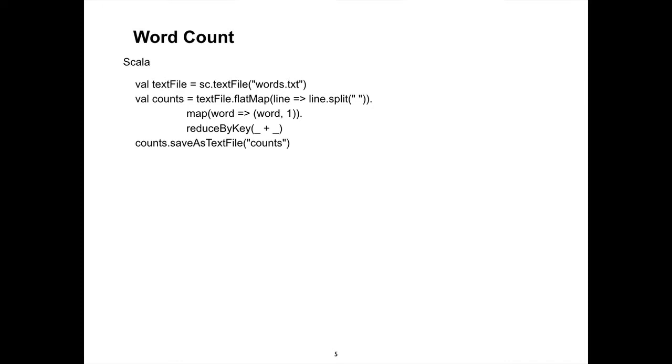This flat map, that's being done on the workers. When I save as text file, that's an action. It brings it all back to the master, right? So every time you run an action, that action is grabbing all the data and bringing it back to the master, whereas other parts are done in parallel.